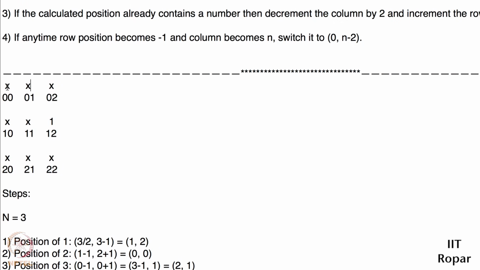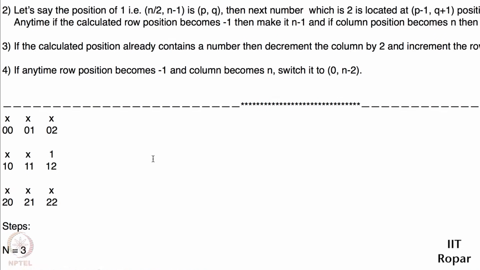As we told you, always the first row and first column will be 0, 0. We will follow this convention. Location of this element is 0, 1. Location of this element is 0, 2. Similarly, location of this element is 1, 0, then 1, 1, then 1, 2, then 2, 0, then 2, 1, and location of this element is 2, 2.